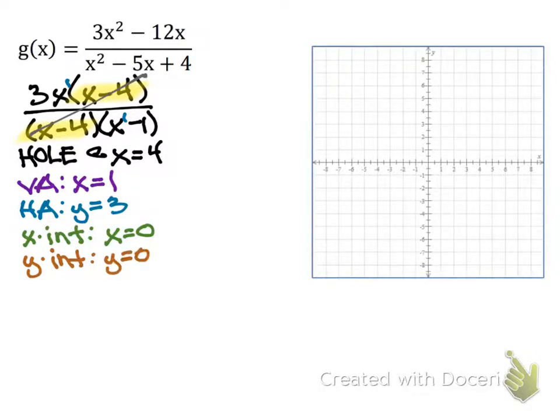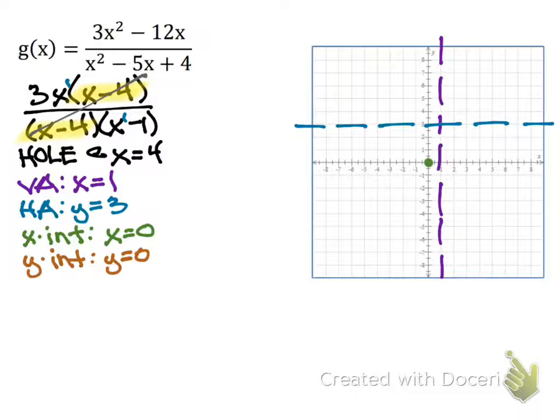Let's put all that on our graph before we do anything else. We can't put the hole on yet. The hole will come last. But we can put our vertical asymptote at x equals 1. Our horizontal asymptote at y equals 3. Our x-intercept at 0, which is also the y-intercept, right, at 0, 0.